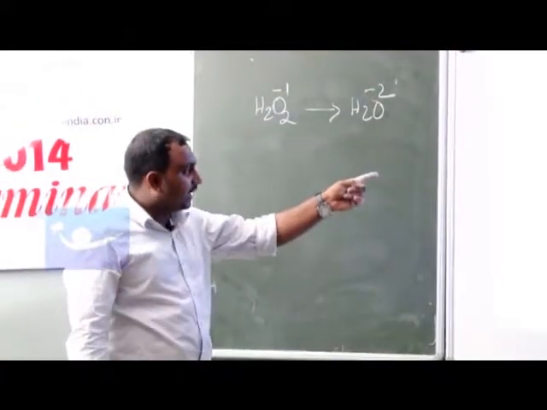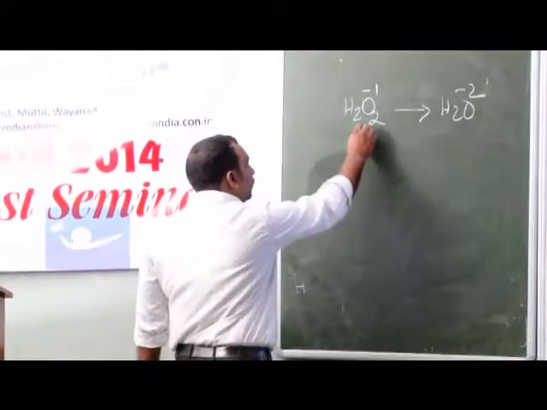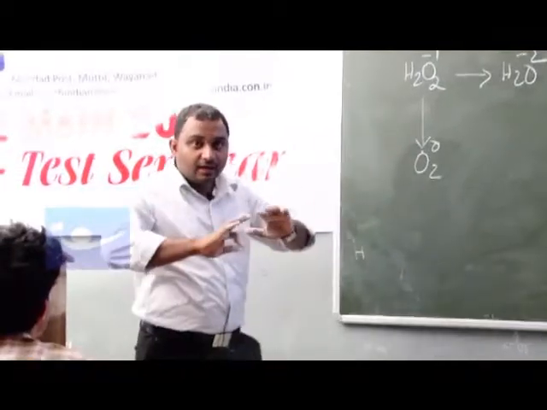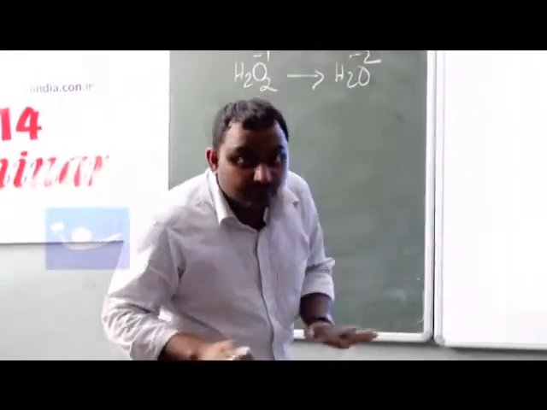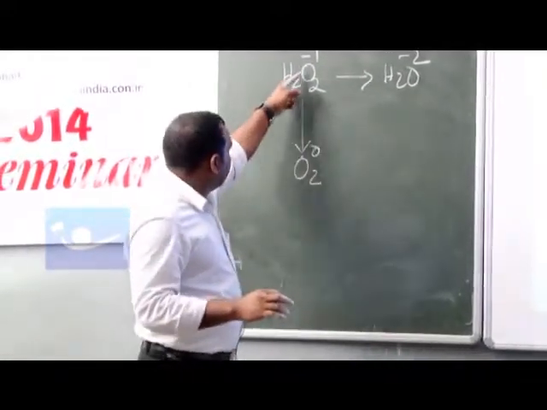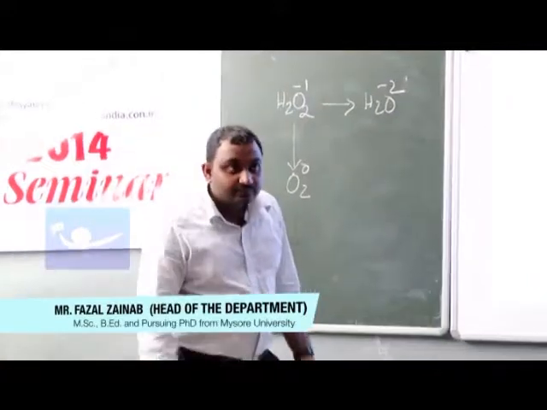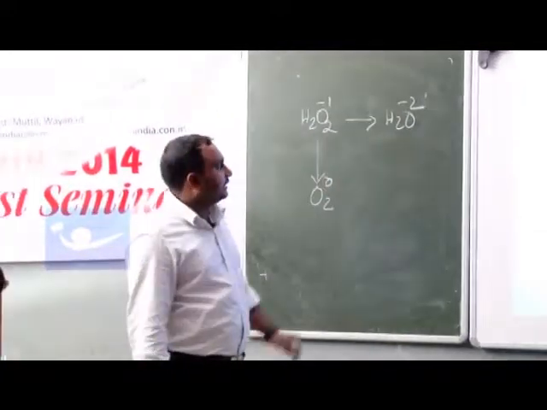If you take the second one, H2O2 is losing 2 electrons and converting to O2, right? What is the oxidation number of oxygen? In elementary form, it will have the oxidation state equal to 0. Then -1 to 0, is it oxidizing or reducing? Oxidizing. So we can take it as reducing agent.